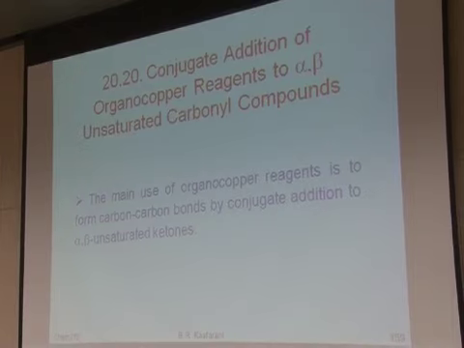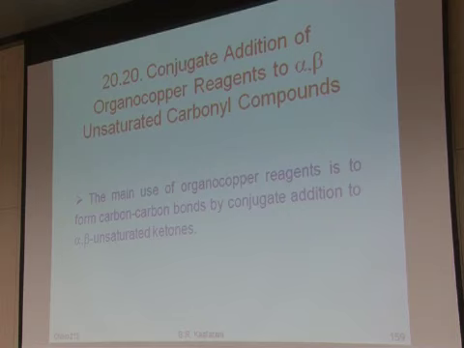One more very interesting reaction regarding the 1,2 addition and 1,4 addition, or the conjugate addition. It involves the use of organocopper reagents. And you can use these organocopper reagents to form carbon-carbon bonds by also conjugate addition to alpha, beta unsaturated ketone.